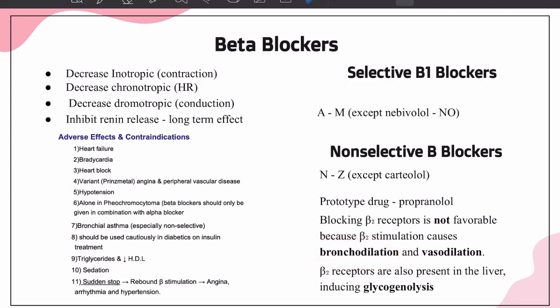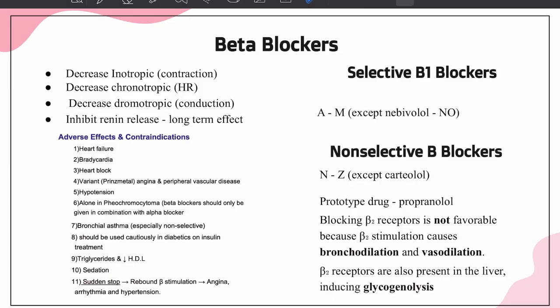Similarly, they do have effects on diabetic people because of their effect on the liver. Beta receptors are supposed to cause glycogenolysis. They break down glycogen. You inhibit that from happening, so you will not use them in people that have diabetes and problems in their insulin.